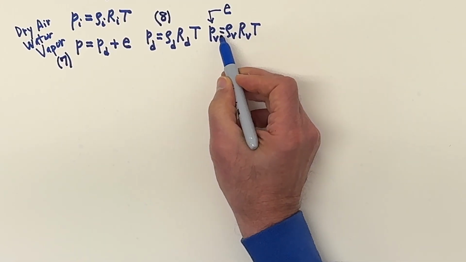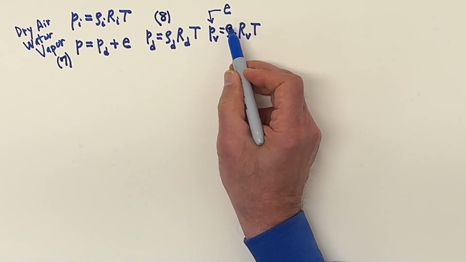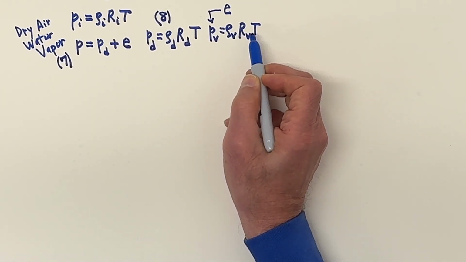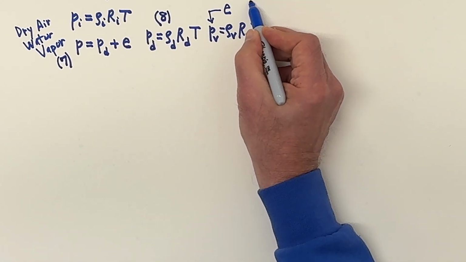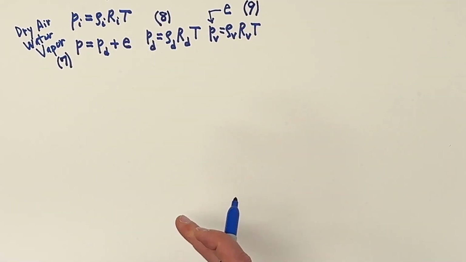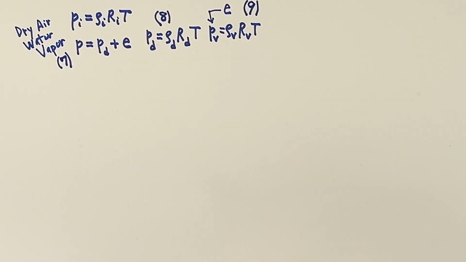And this equation that says the vapor pressure E is equal to the density of the vapor times the gas constant for the vapor times the temperature, this is our equation 9. Now we are essentially finished with this chapter, but I want to do two more things.